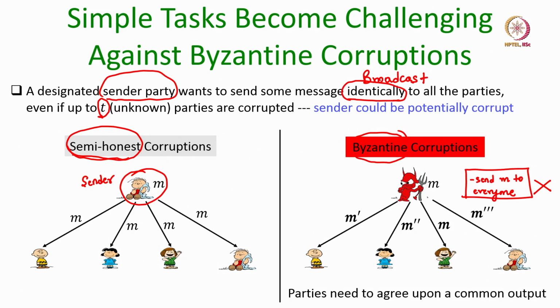As a result of this, the simple one line code of sending the sender's message to everyone will simply fail, because now different parties will have different versions of the sender's message.